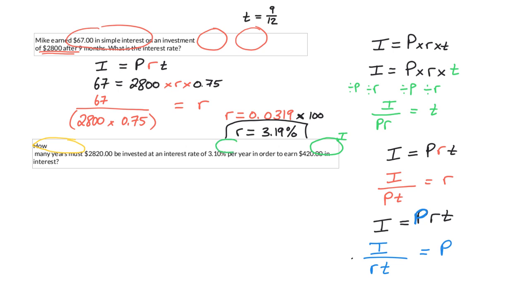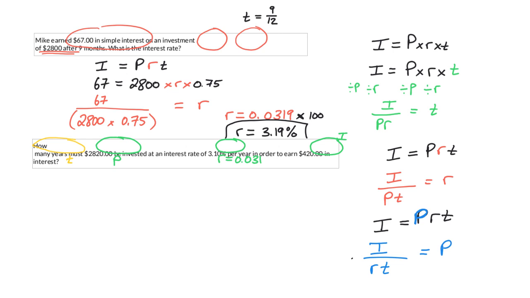The rate we're invested at is 3.1%, but to change it into a decimal would be 0.031. And the original amount we put into our investment is $2,820. What we are looking for is how long it will take for this to happen.